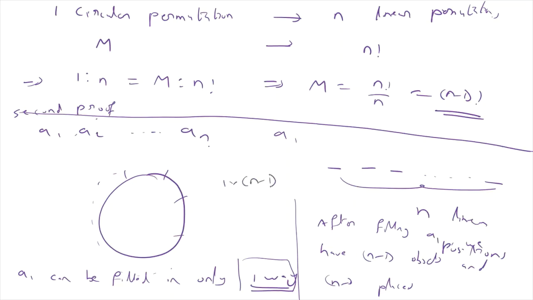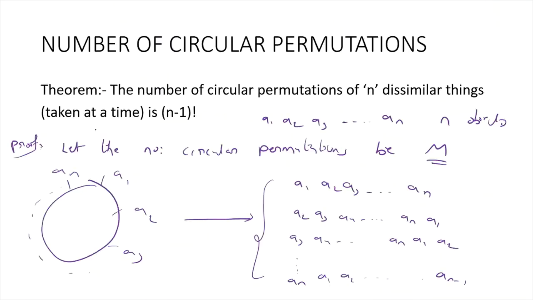One times n minus 1 factorial, which is equal to n minus 1 factorial. This is our total number of circular permutations formed using the objects A1 to An, or the number of circular permutations of n objects taken all at a time is equal to n minus 1 factorial.